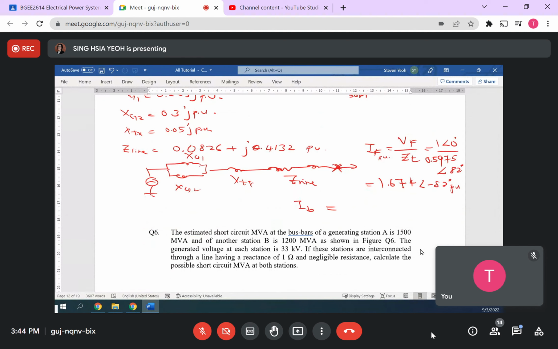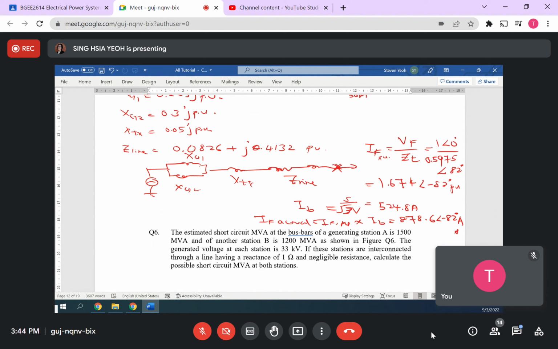I base will be equals to S over 3V, so it's actually equals to 524.8 A. Then IF in actual will be IF in PU multiplied with I base, this PU value multiplied with the base value, then basically you get 878.6 angle negative 82 degree.